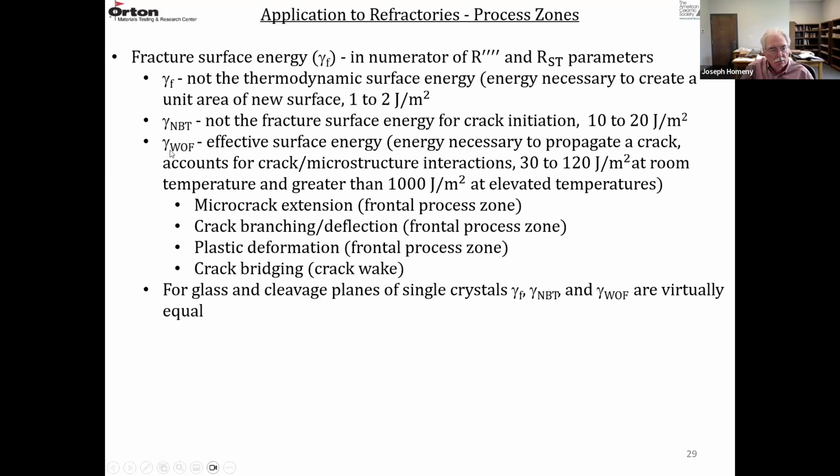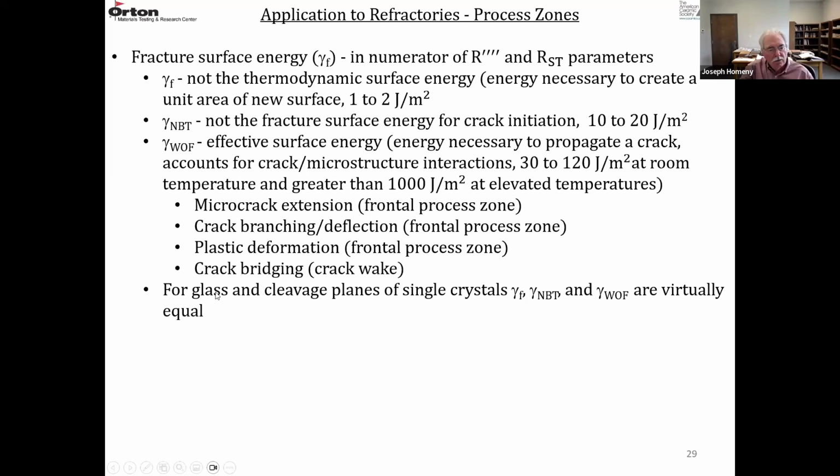So this work of fracture surface energy, what's responsible? What are the crack microstructure interactions? Microcrack extension in the frontal process zone, crack branching, crack deflection also in the frontal process zone. If it's at high temperatures, plastic deformation in the frontal process zone, and then crack bridging in the crack wake.